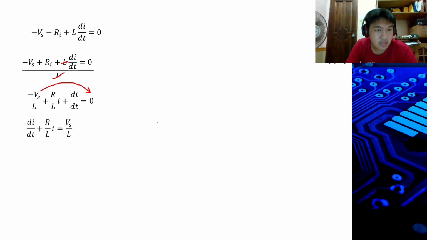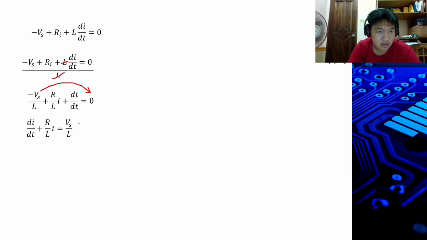So di over dt plus R over L I is equal to positive Vs over L, and this is a DE or linear in I.